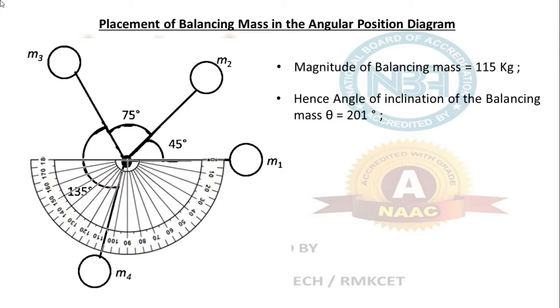So take your protractor. What is 201? Subtract 180 from that, you will get 21 degree. So from 180 again measure 21 here, approximately. You have put it at 30. The dot is not correct. So you take 21 degree.